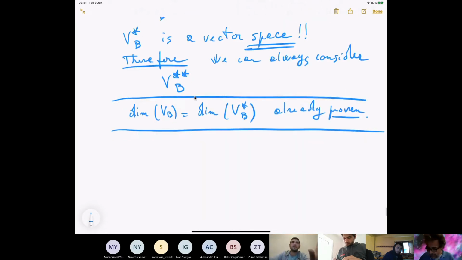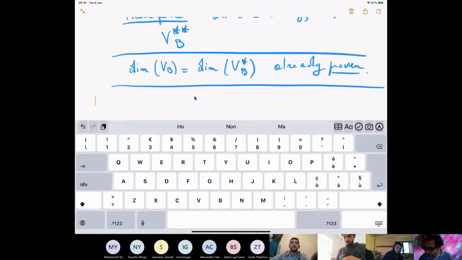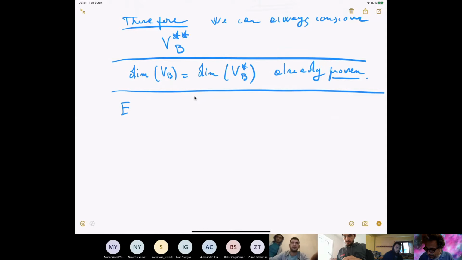I remind you how we did it. We introduced the basis E upper I of V is equal VI. Okay.